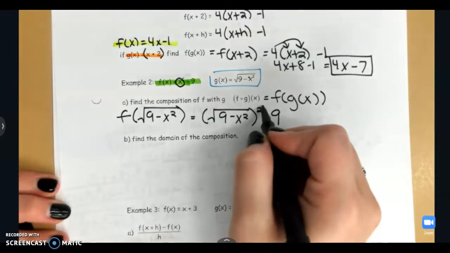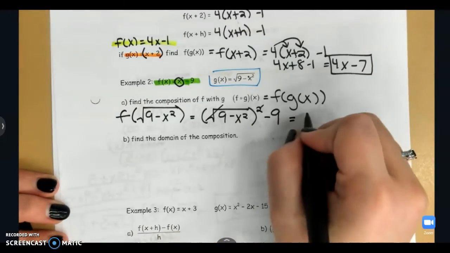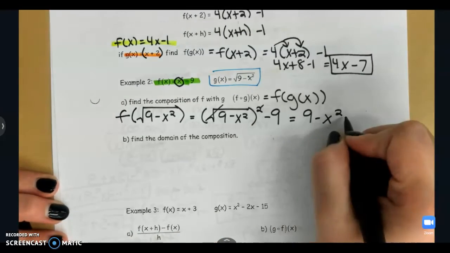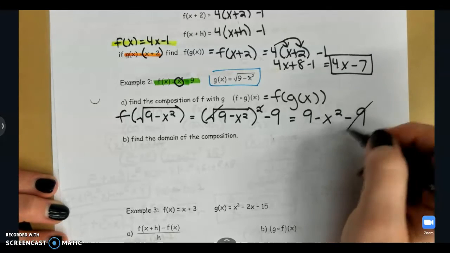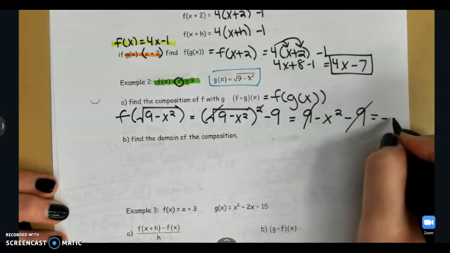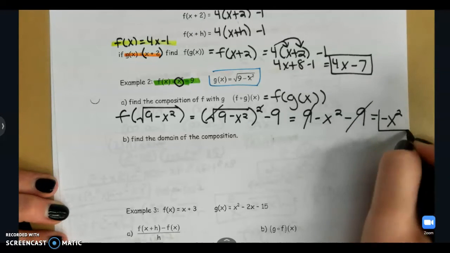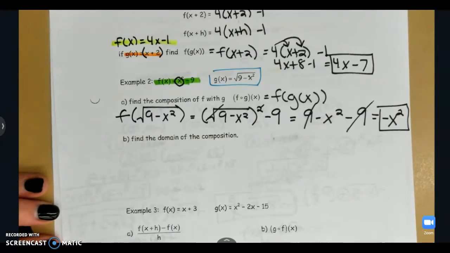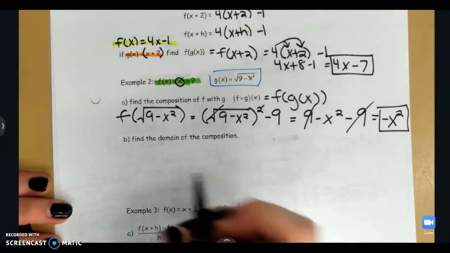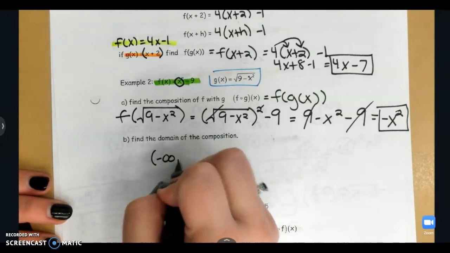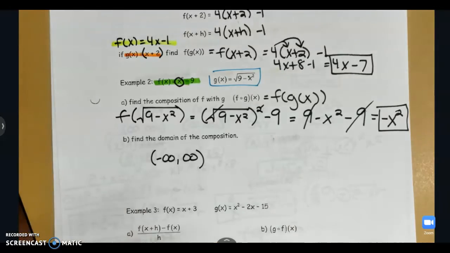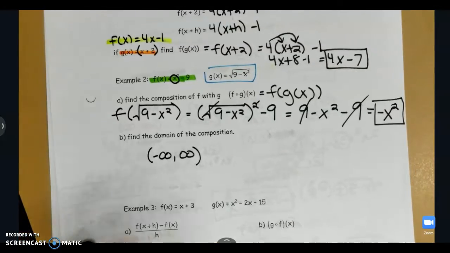When I square a square root, that cancels, and so we're left with 9 minus x squared minus 9. My 9's cancel, and my final composition is negative x squared. And the domain of that is all real numbers.